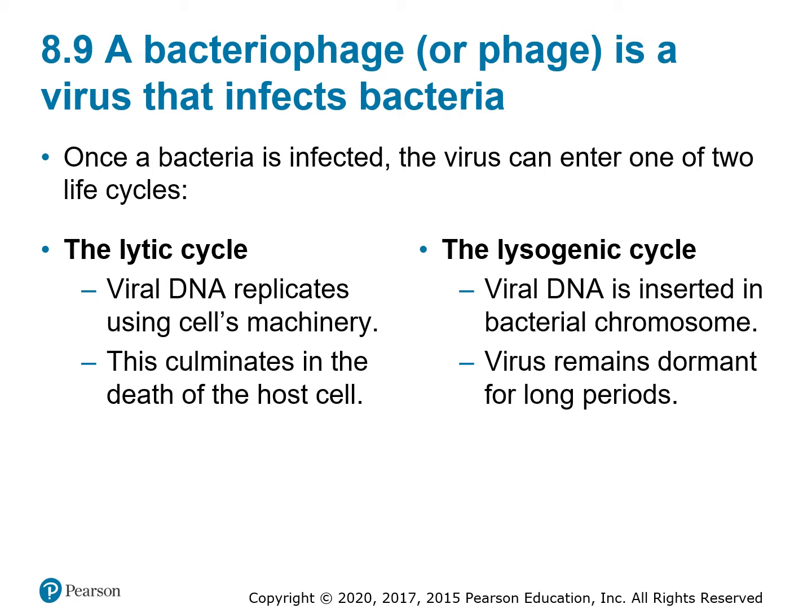It can enter a lytic cycle, where the viral DNA replicates using the cell's machinery, and that results in the death of the host cell, the bacterium. Or it could enter a lysogenic cycle, where the viral DNA inserts into the bacterial chromosome, and the virus can remain dormant for long periods of time and then come out later.